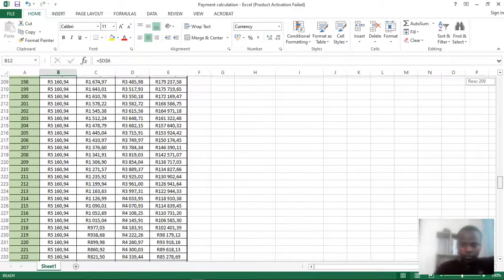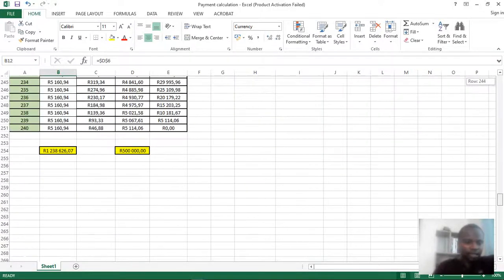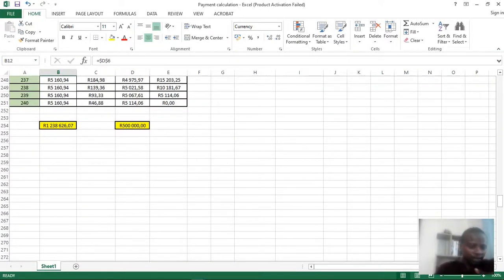So if it decreases by 400 rand, now instead of paying 1.3 for your total loan amount, now you're paying 1.2.